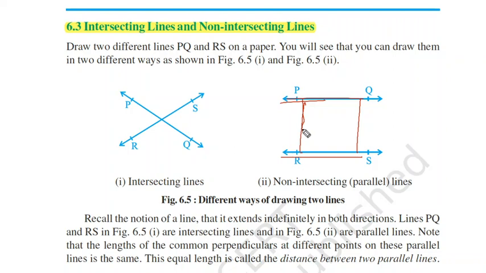Suppose this length is 4 centimeters, and this is also 4 centimeters, and they are perpendicular distances. Then we can say that these two lines are parallel lines and they will not intersect even if we extend them up to infinity. So this is what parallel lines are.